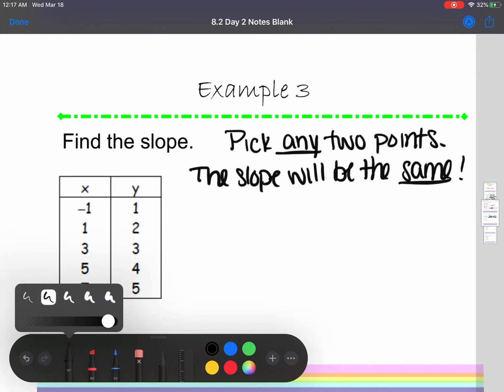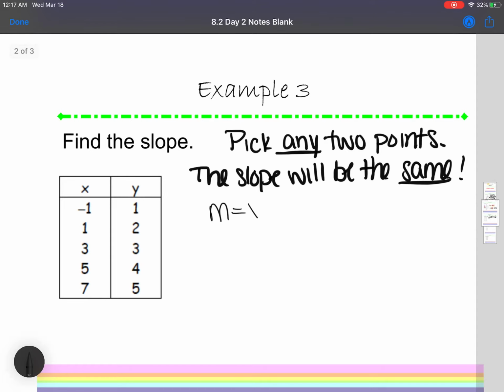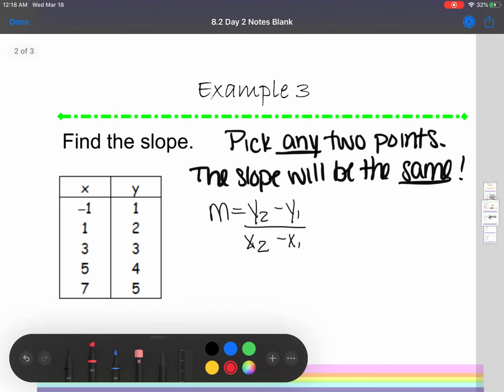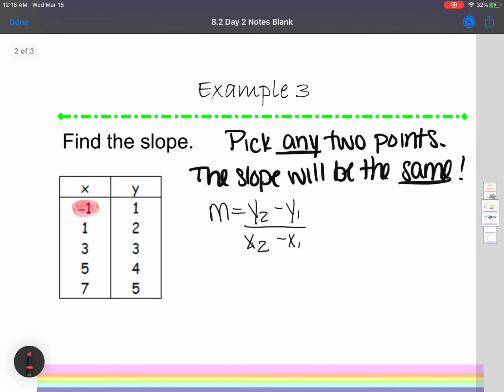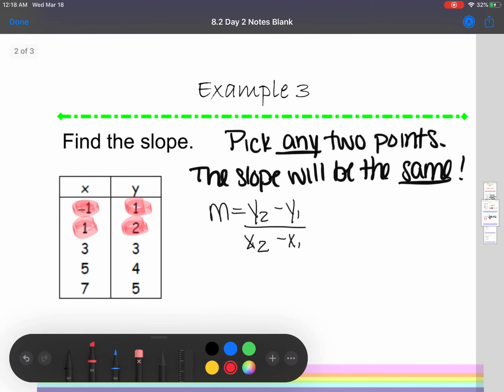First, I'm going to write my equation, m equals y2 minus y1 over x2 minus x1. Now I'm going to highlight some points. Let me use negative 1, 1 and 1, 2 for my first example of this. I'm going to do 2 examples to show you that the slope's going to be the same.